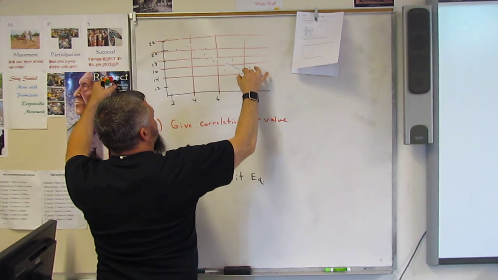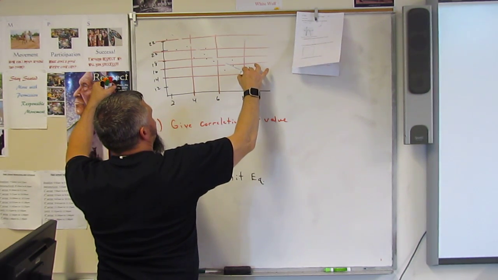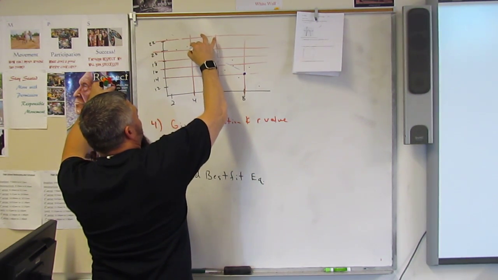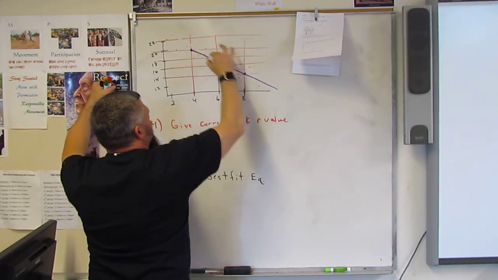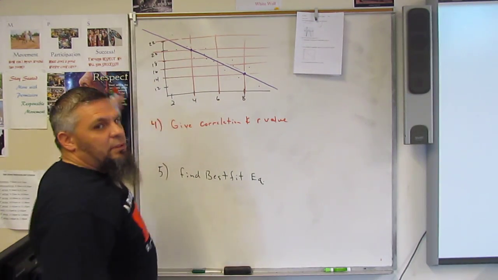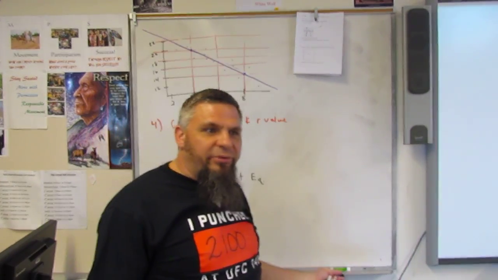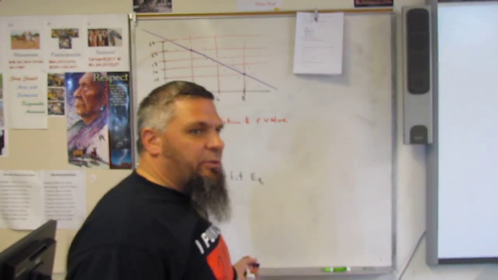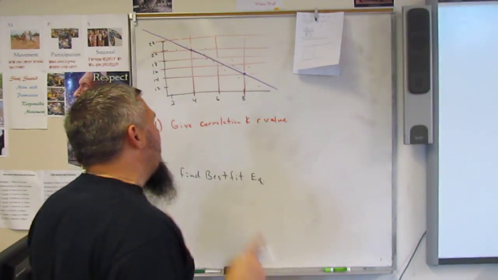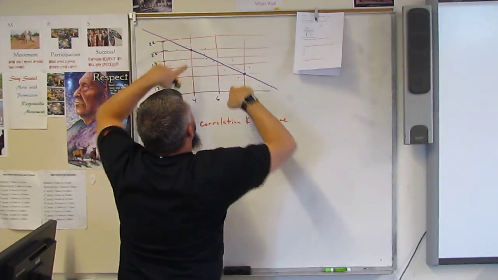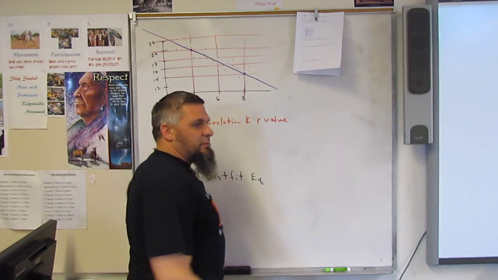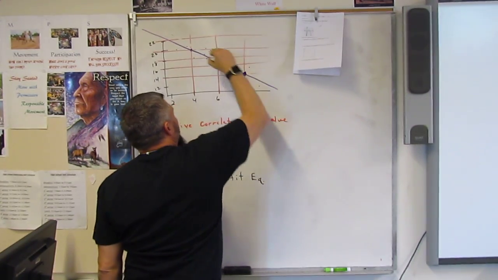Could I have looked at something that went through here and cut nicely, where half of them are above and half are below? To me, that's a good line of best fit, and it gives me two really good points, right here and right here.